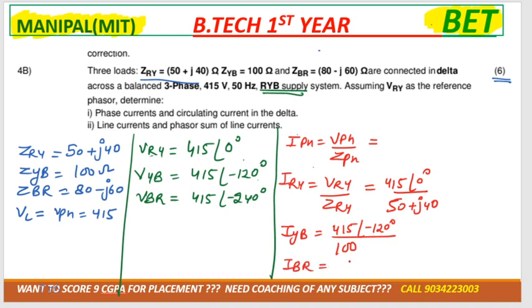IBR is how much? 415 angle minus 240 degree, and that is 80 minus J60. Now solve it, and then you will get the IRY, IYB and IBR. Now these are the line currents or the phase currents? These are the phase currents, and we need to calculate line current also.